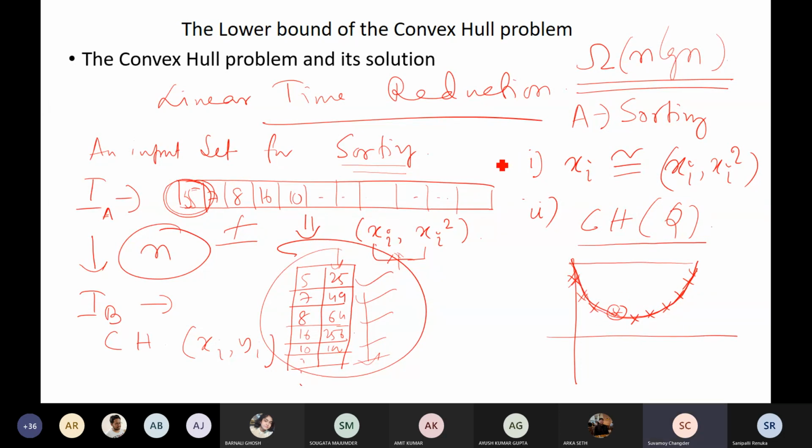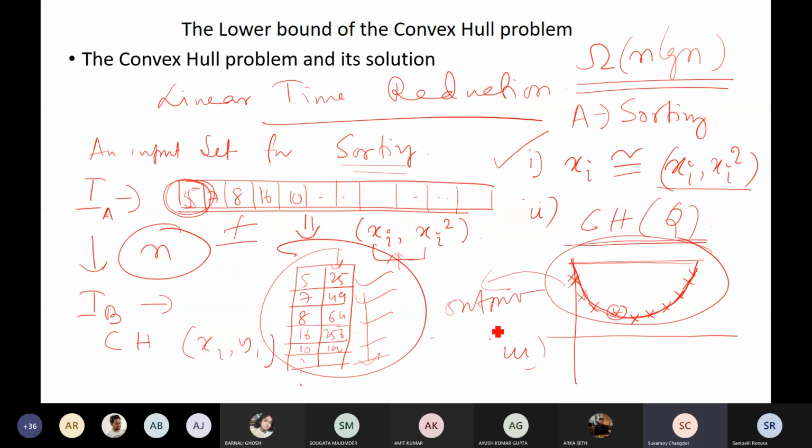So we have first converted the input set of a sorting problem to the input set of a convex hull problem. We have applied a solution for convex hull and we have found that a parabola is the output. Now the target is that the points on this parabola must be converted to the output of a sorting.